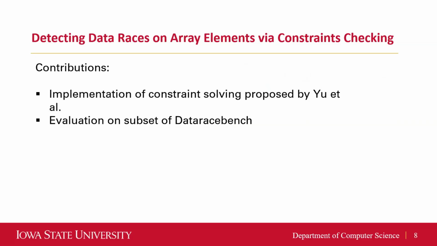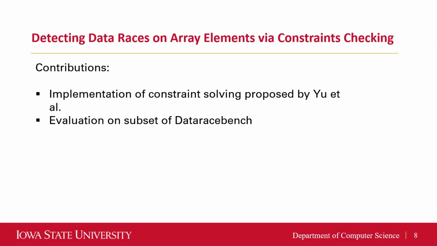So we provide an implementation; it doesn't strictly adhere to the constraints provided by Yu et al, but it's mostly similar, to see the viability of constraint solving for data race detection. And we also do an evaluation on a subset of DataRaceBench. In the original work, they do not use DataRaceBench. They used, I believe, files from the OpenMP website.